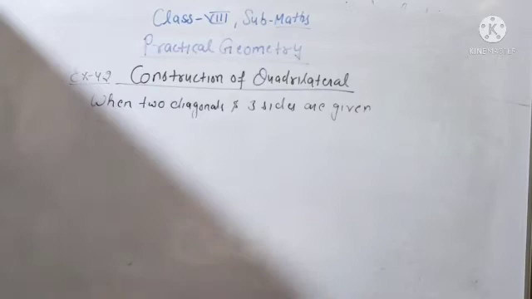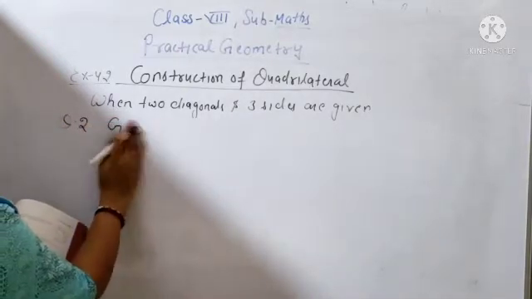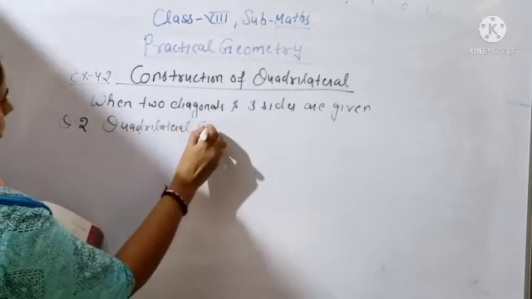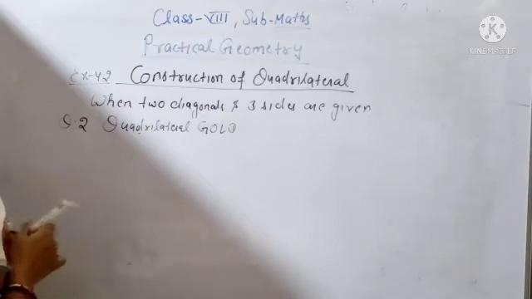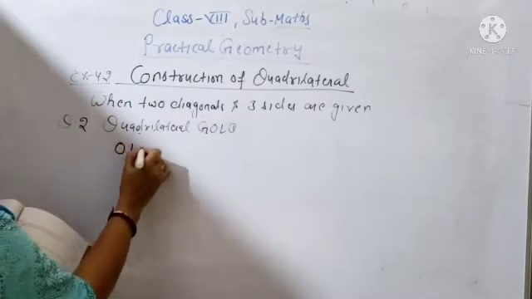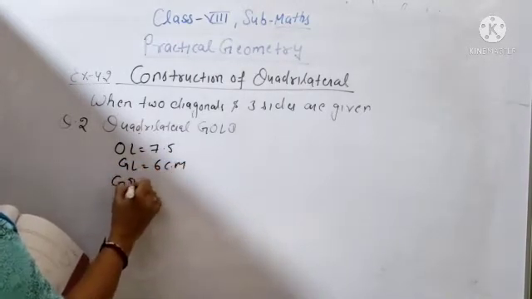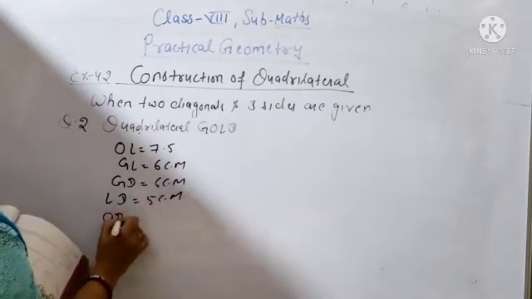Now, question number second. Quadrilateral GOLD, where OL is 7.5, GL is 6, GD is 6, LD is 5, and OD is 10 centimeter.